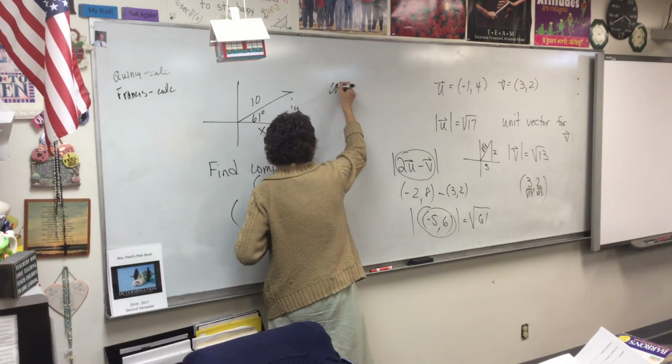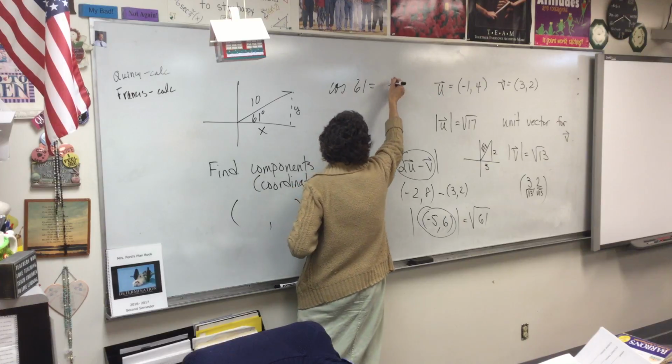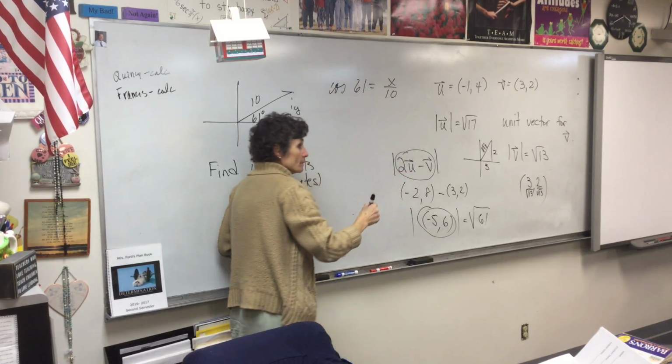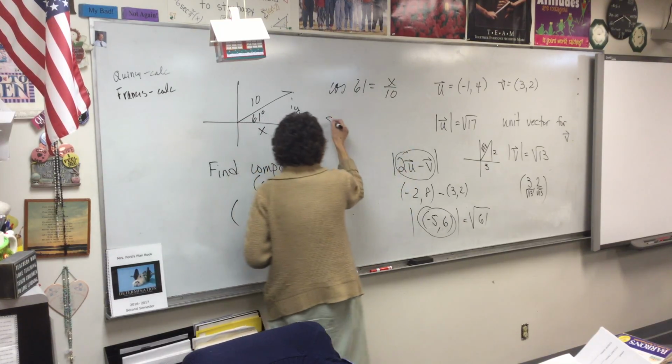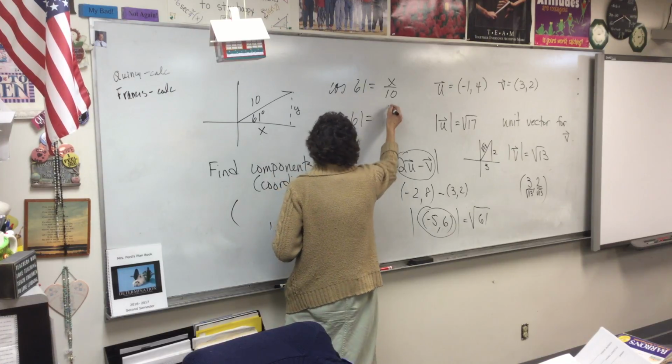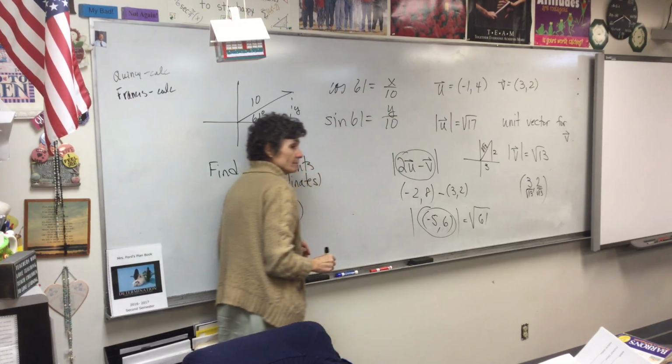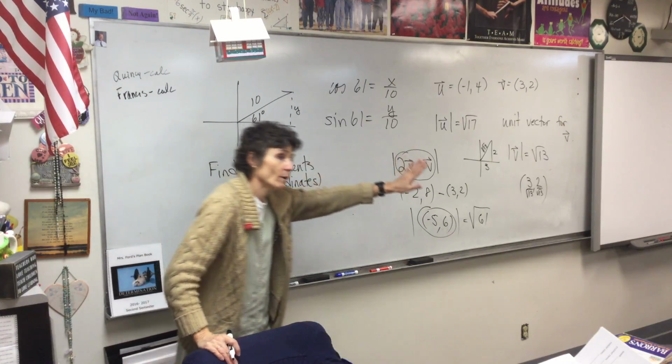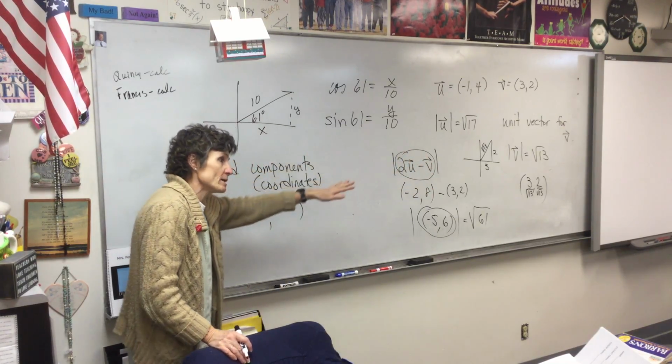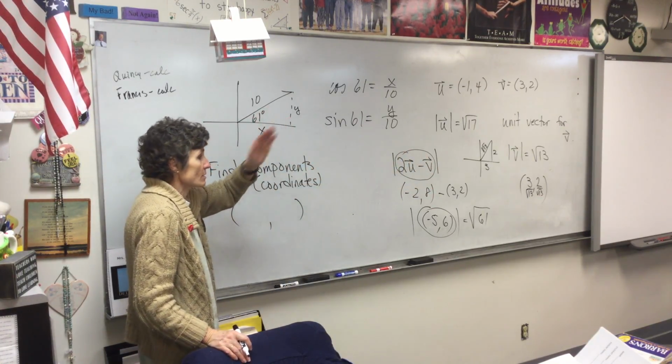So the cosine of 61 equals X over 10, and the sine of 61 equals Y over 10. Cosine, always X. Sine, always Y. Always, always, always.